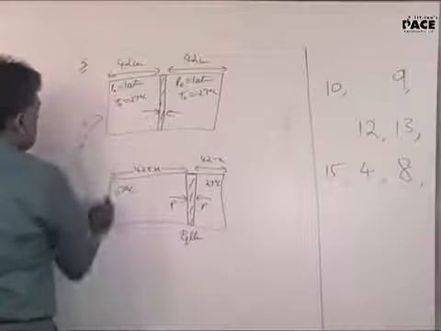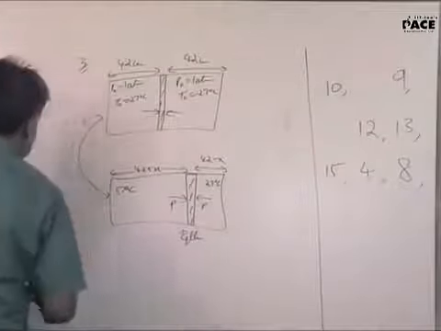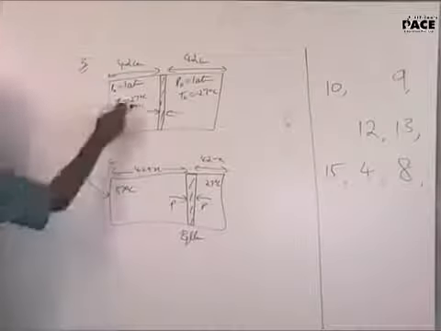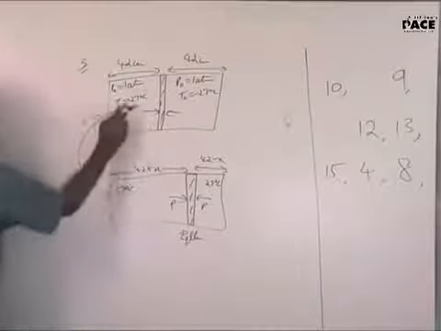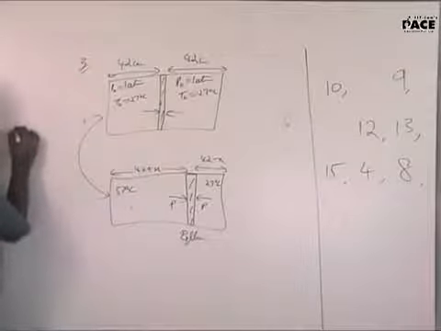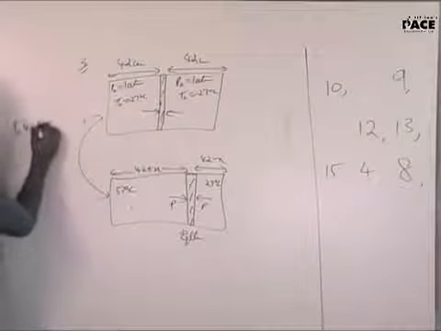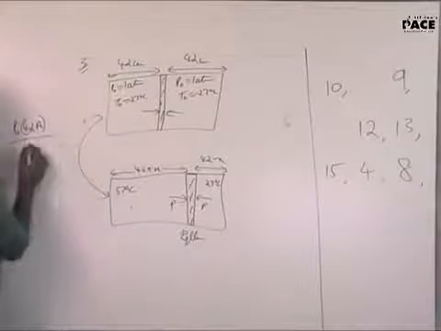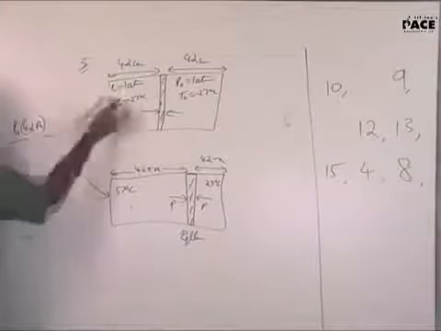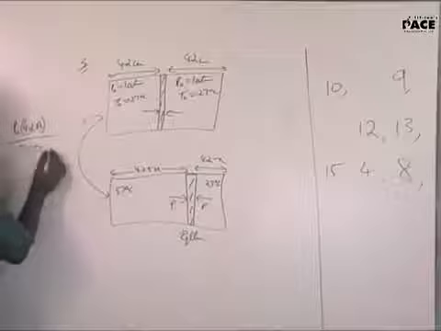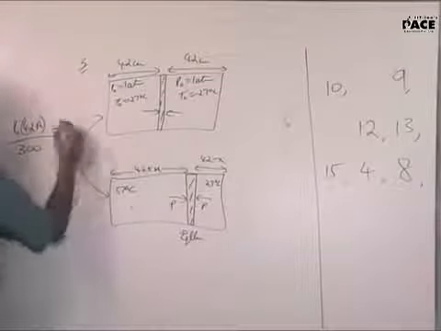Now if you write down the PV by T, volume, number of moles will be the same for both of these. What's the number of moles in this? P naught 42A, A is the cross-sectional area, by T naught. We'll take T naught as 300 Kelvin, okay? Is equal to, what is the new pressure?